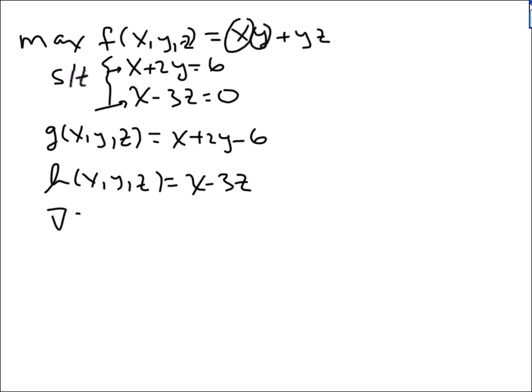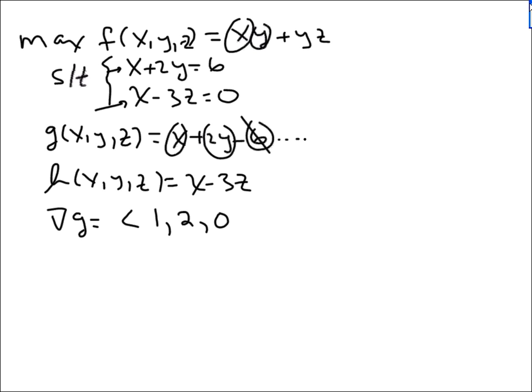The gradient of g, well, here are the three terms. The last term, don't worry about it, it's a constant. The partial of x plus 2y with respect to x is 1. With respect to y is 2. With respect to z is 0.